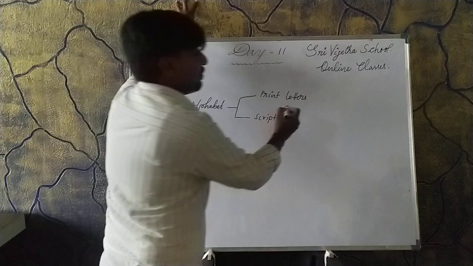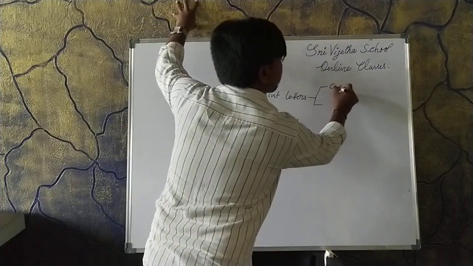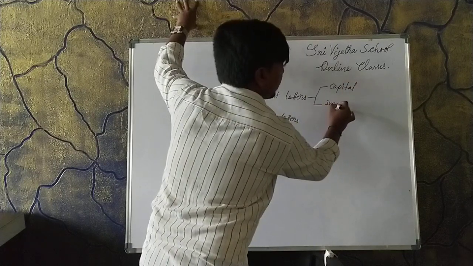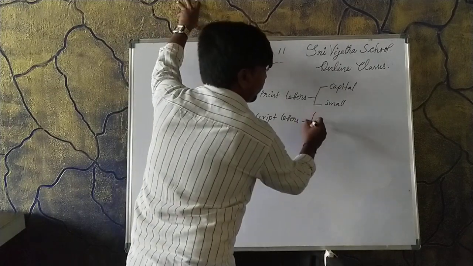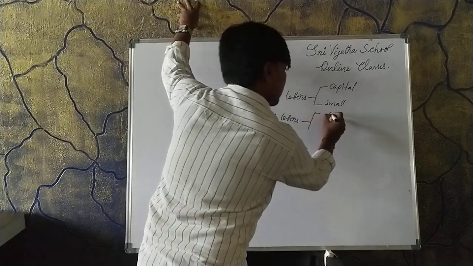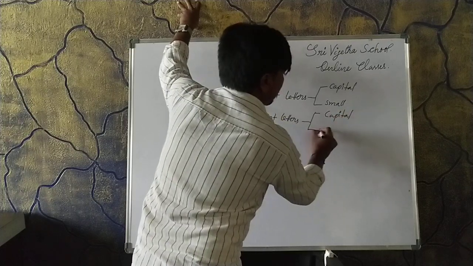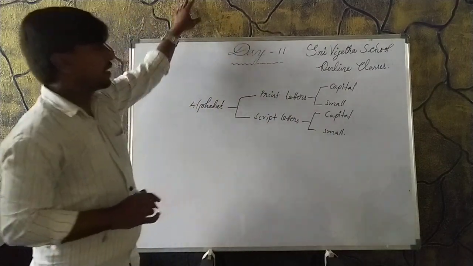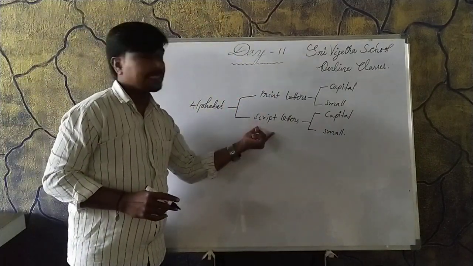Print letters are again divided into two, capital and small. And script letters are also divided into two, capital and small. We may have a doubt: what are print letters and script letters? What is print? What is script?